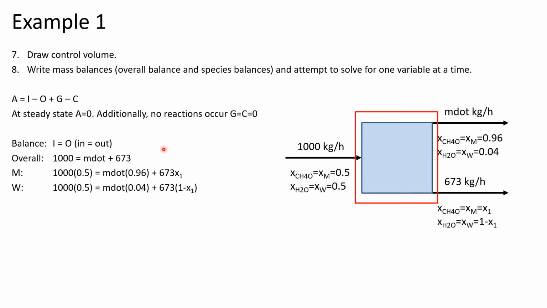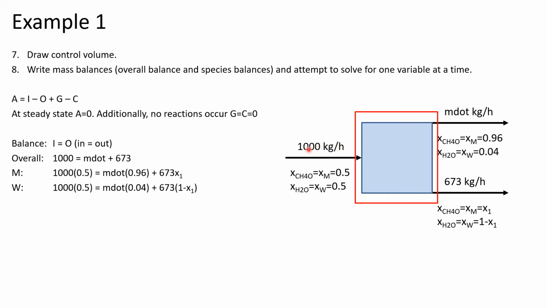Now let's look at the balances for each of the components. We'll start off with a balance for the methanol. And we're going to repeat this process. We're going to go around our control volume and determine the methanol flow rates in, put them all on the left-hand side of the equals and sum them, and we'll look for the methanol flow rates out. We'll put them on the right-hand side of the equation and sum them. Let's start just like we did before with this one stream that's coming in.